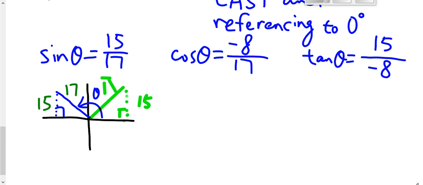This is super annoying. Okay, now if you just look at this new triangle that I just drew and apply the CAST rule, you get the same answer. And of course, this is your angle theta.